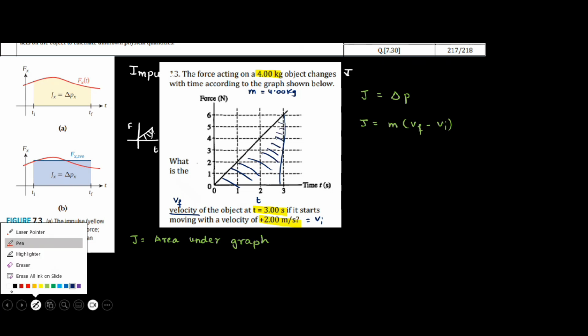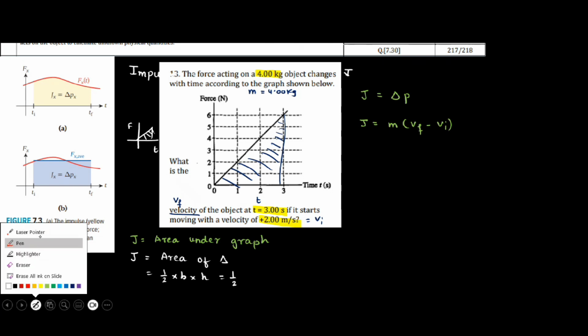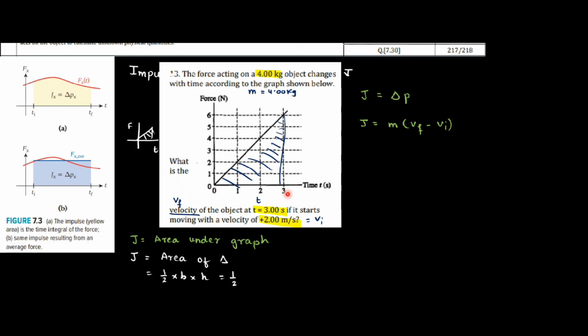This figure is a triangle. So when I find the area under the graph, I basically need to find the area of the triangle, which is half times base times height. The base of the triangle is from 0 to 3, so that gives me 3 seconds, and the height is 6 newtons.